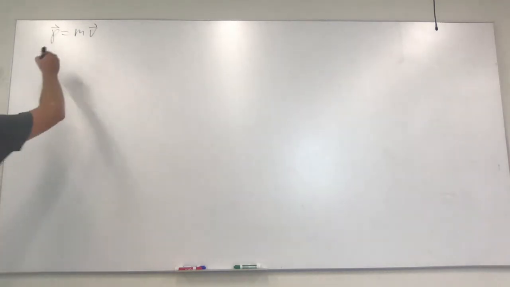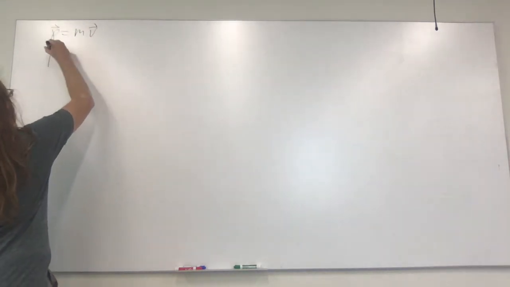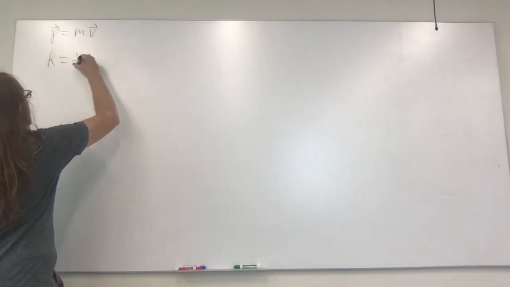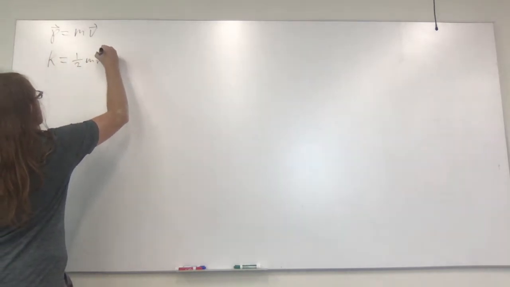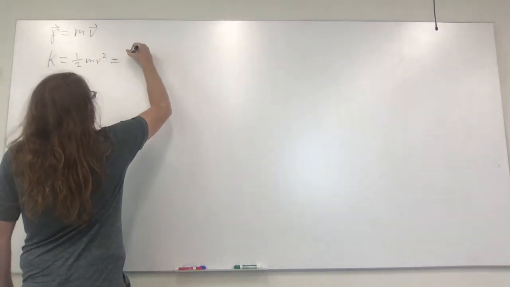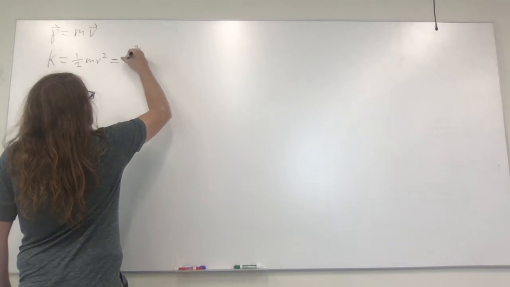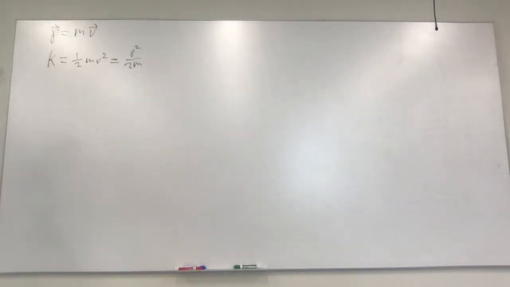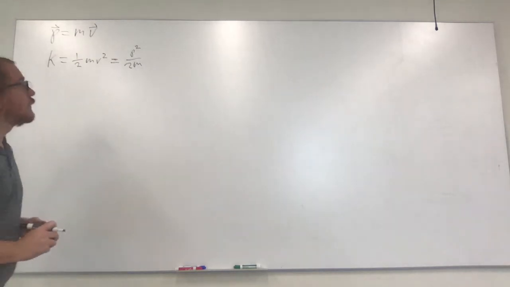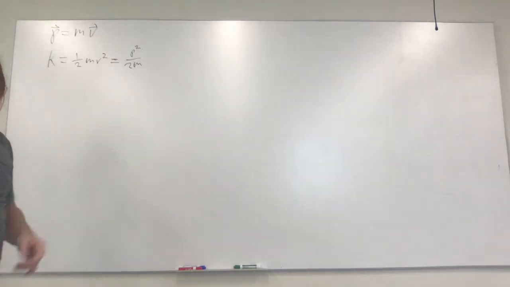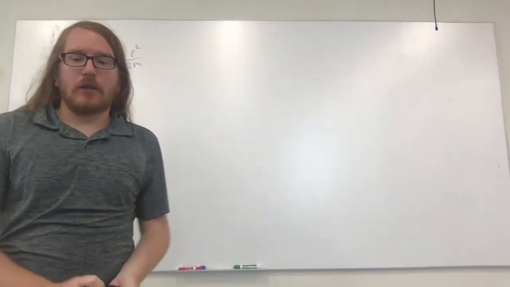The other quantity we'll be using is kinetic energy. So kinetic energy, I'll call K, is equal to 1/2 mv squared, or p squared over 2m. And so in collisions, momentum is always conserved no matter what type of collision we have.